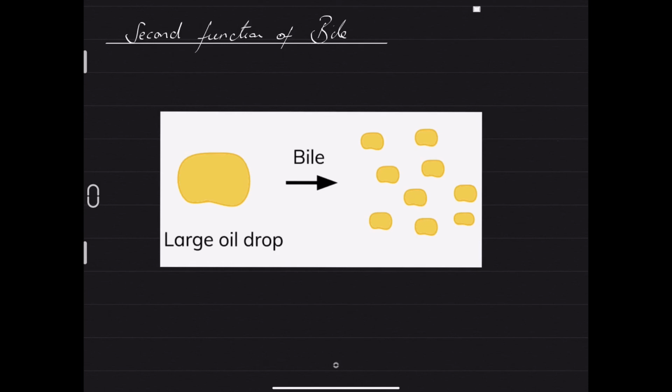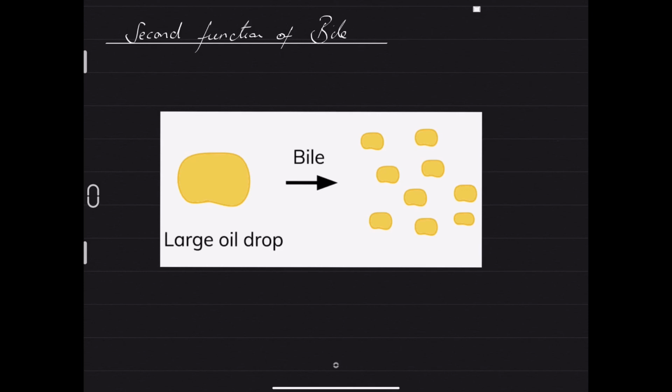However, lipids and fats, they do not easily mix with water because they are hydrophobic by nature. And a lot of our digestive system secretes a lot of water mixtures. Now, this is not going to affect hydrophobic molecules such as fats.